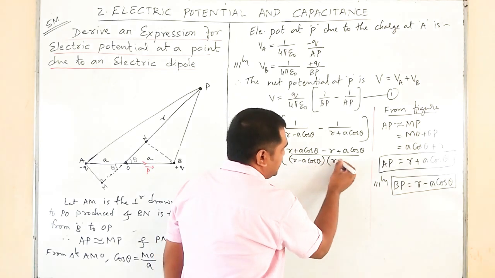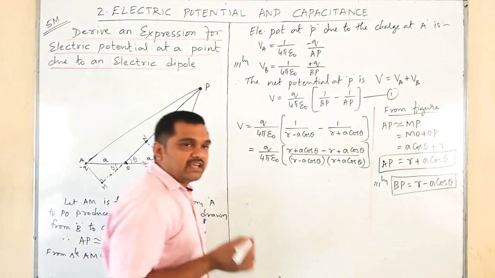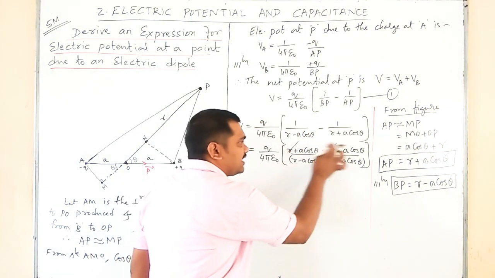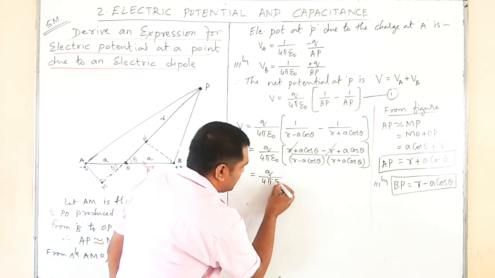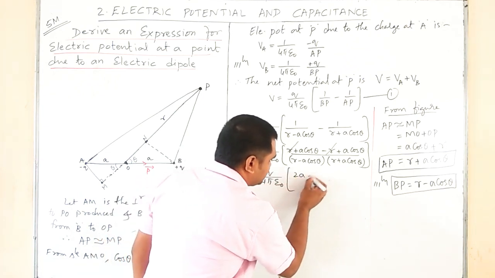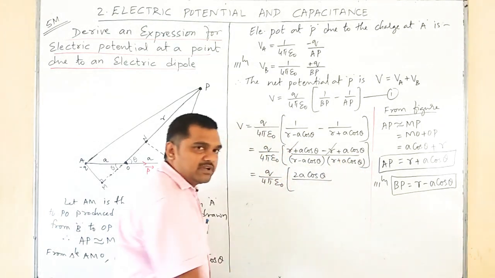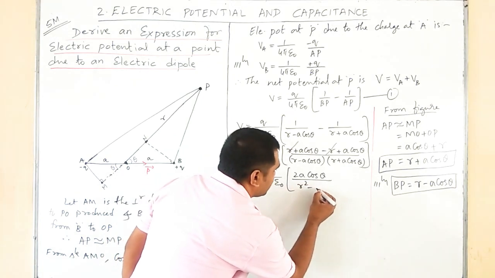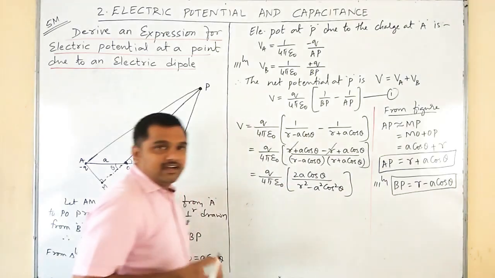It is A minus B and it is A plus B. In the next step, we can cancel r and r. A cos theta plus A cos theta. What you get? Yes, 2A cos theta upon A minus B into A plus B is A square minus B square. Therefore, r square minus A square cos square theta.